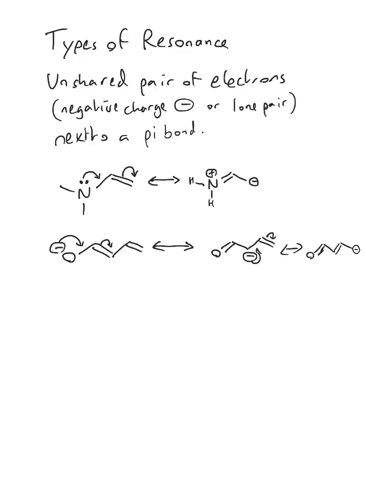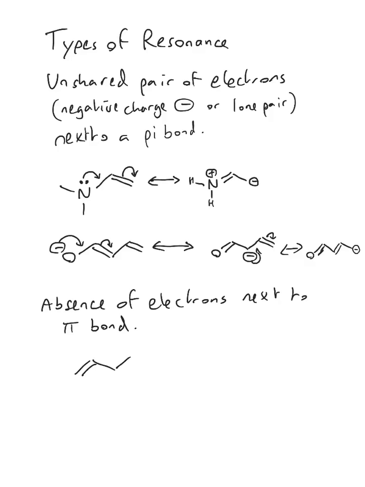All right. There can also be an absence of electrons next to the double bond, next to a pi bond, double bond. See, they're pretty much interchangeable. So what does that look like? So we have some system like this.